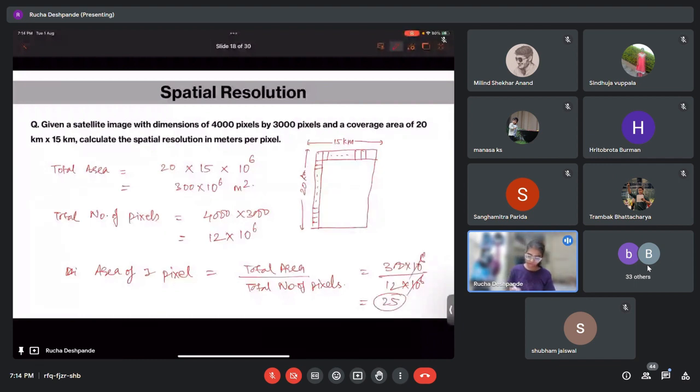The area of 1 pixel is 25, so its dimensions will be 5 meters by 5 meters. I hope everyone got this. Got it, ma'am. We'll go to the next question now.